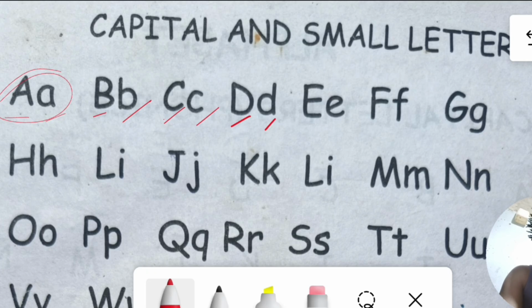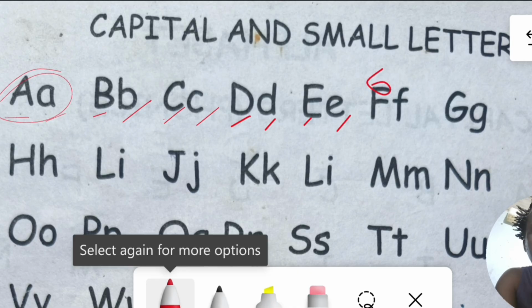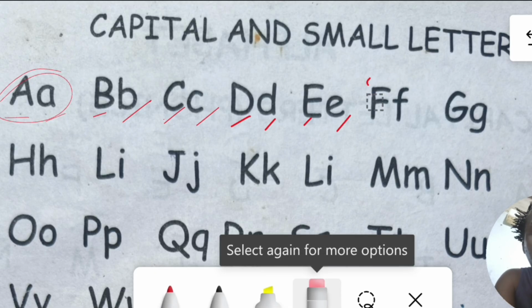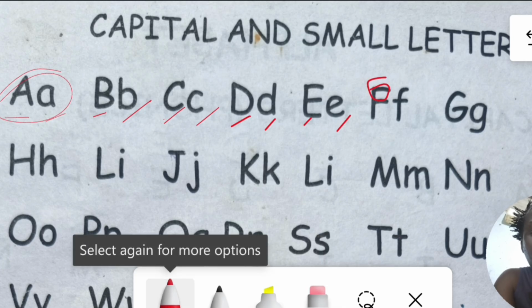In general, the first letters are the capital and the second ones are the small letters. Like this one is capital E and then small e, they also look different. And then F, they somehow look the same, but the capital one has a sharp edge at the end, while this one is just curved up there.